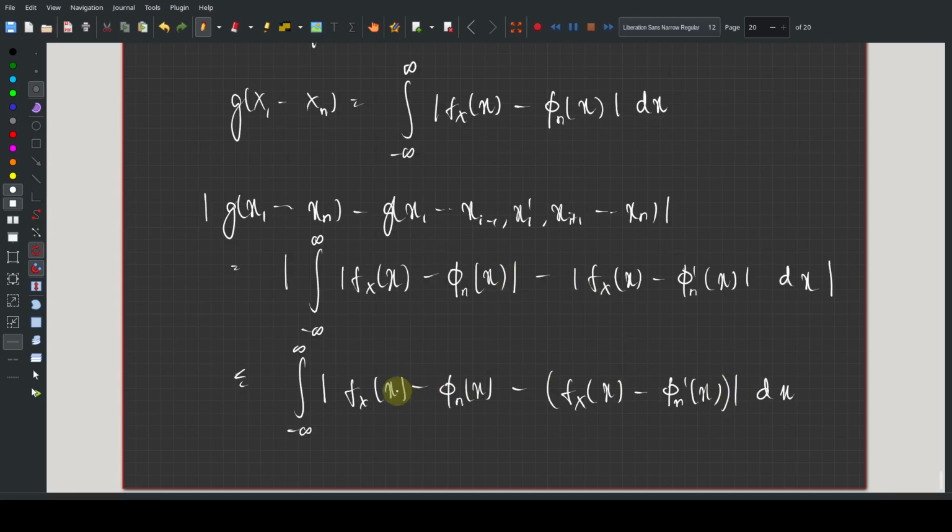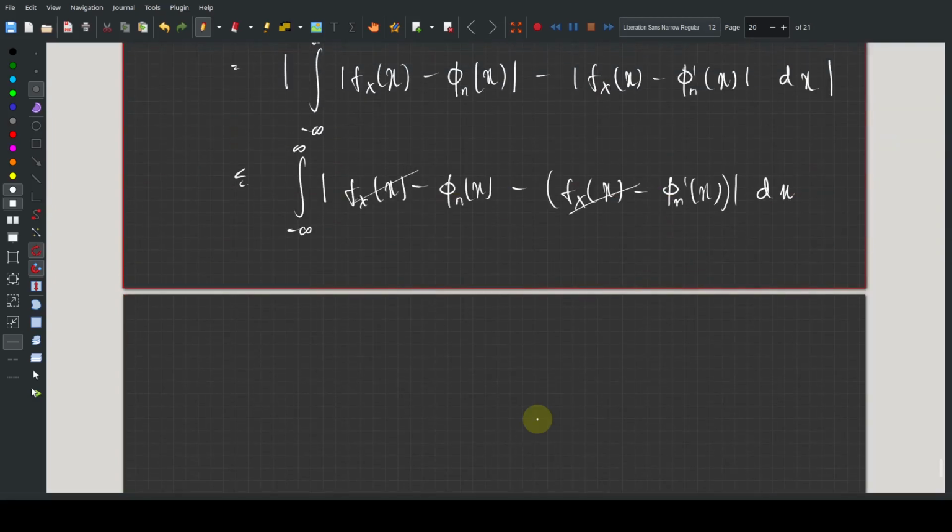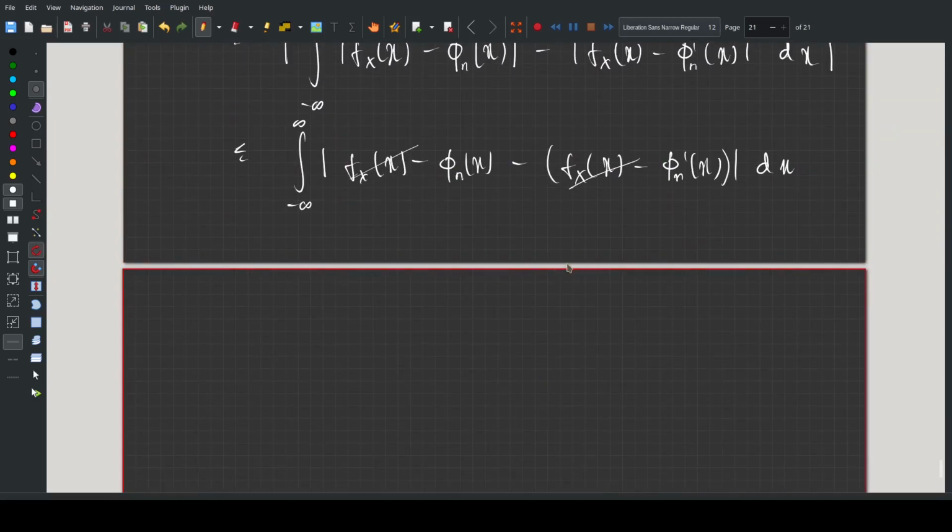Which means that the fx just cancels out. But now what is Pn prime minus Pn? This is effectively equal to the integral from minus infinity to plus infinity of the absolute value of Pn prime of x minus Pn of x dx.